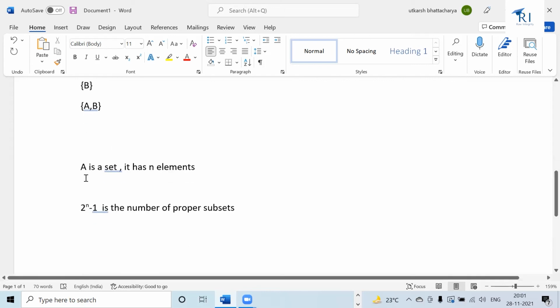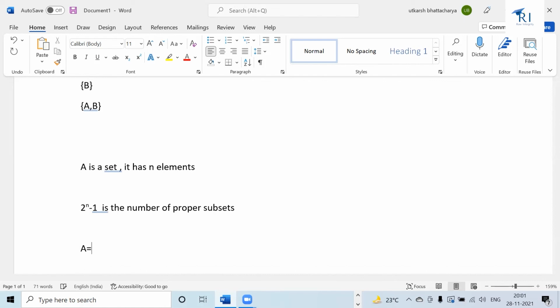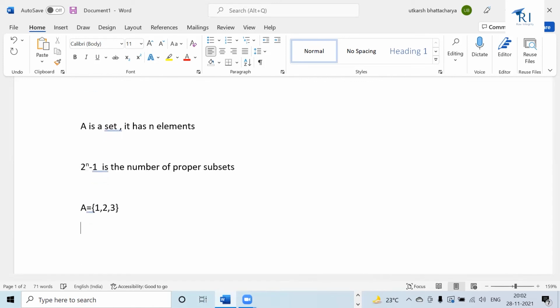Yes. Okay, so I will now give an example. Let's say A is equal to 1, 2, 3, a very simple example. There are 3 elements. The number of elements is also known as the cardinality of the set. And how do we denote that?